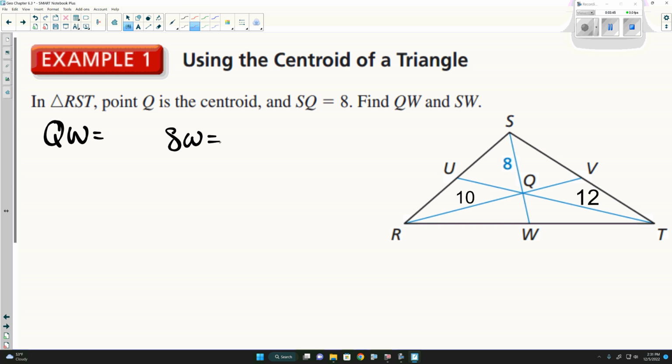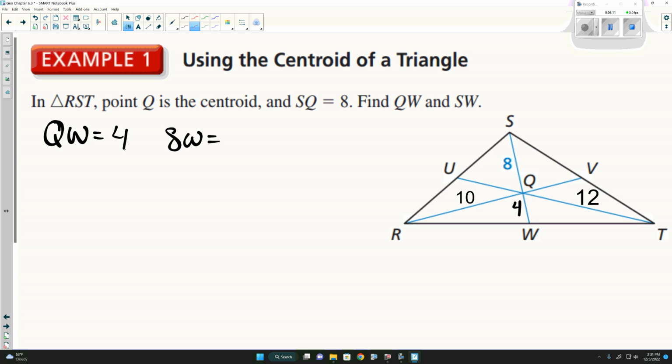Big. Yeah, since we're going from centroid to the vertex, it is the bigger length, which means QW is the smaller. And we said the smaller is equal to half the bigger, or the bigger is twice the smaller. So we would take half of it and get 4. So QW is 4, yes?